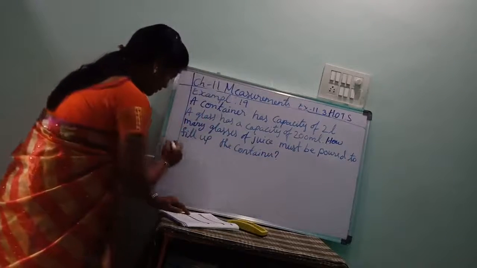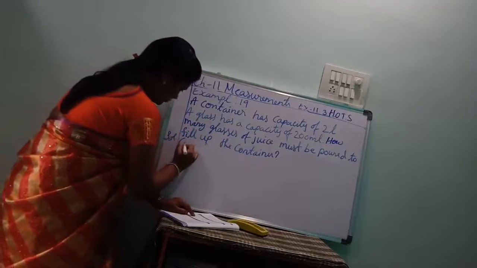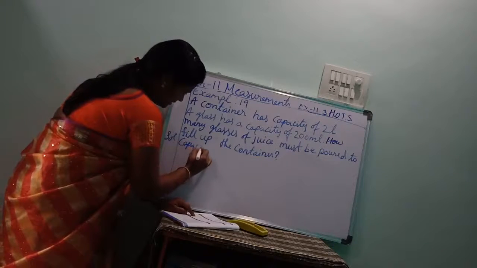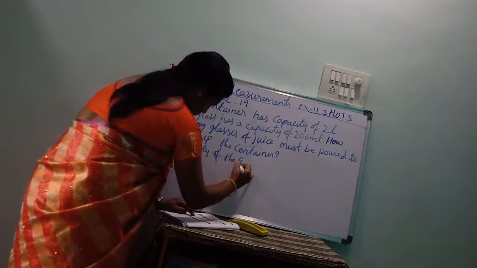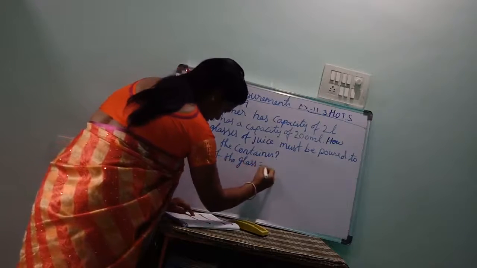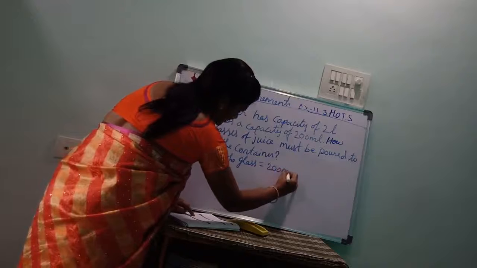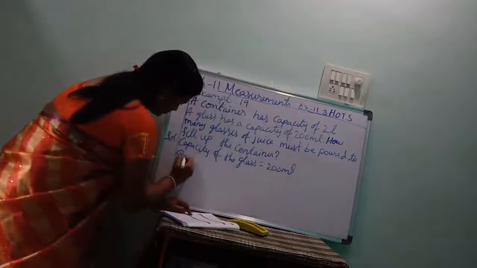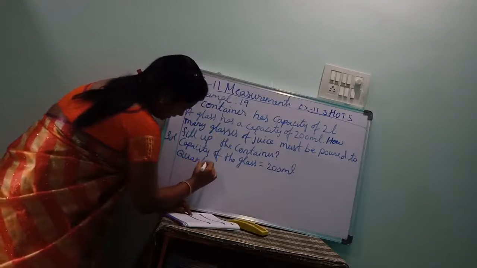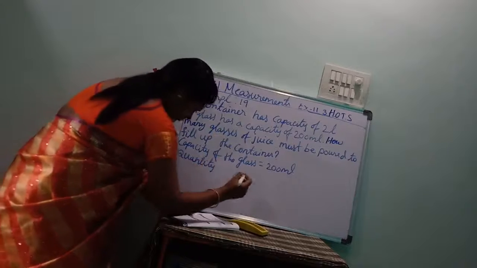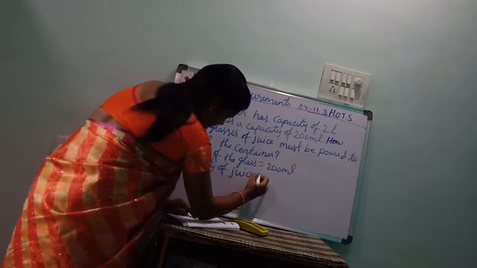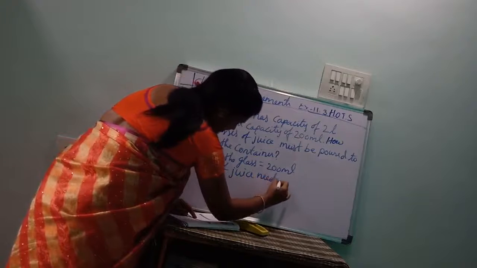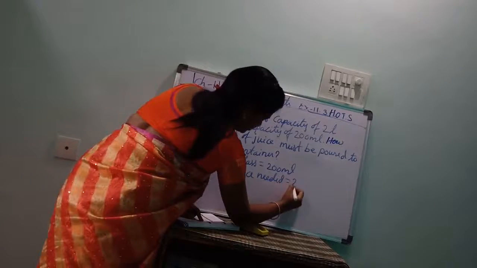See, solution. Capacity of the glass equals 200 ml. Quantity of juice needed equals 2 liters.